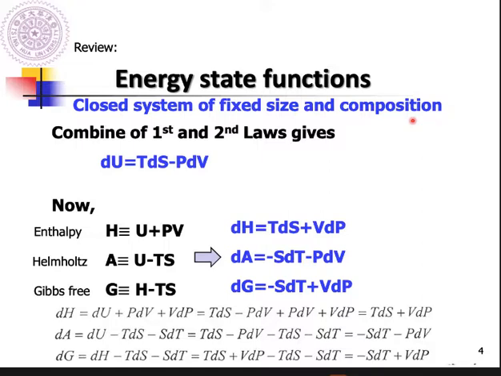So how do we deal with this kind of system? We cannot directly use these energy state functions, right? Because they can only be used at fixed composition. So we do need to make some modifications to these energy state functions.